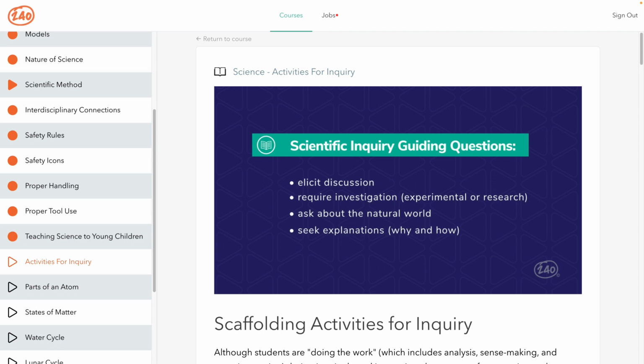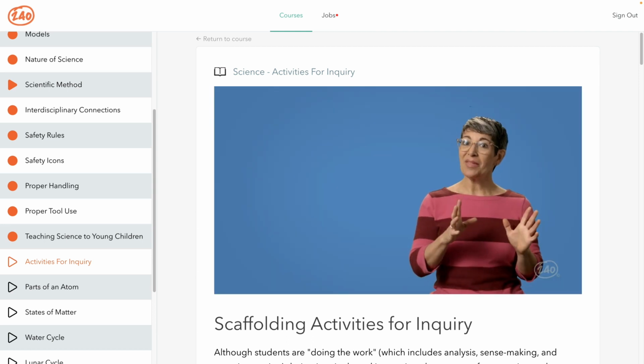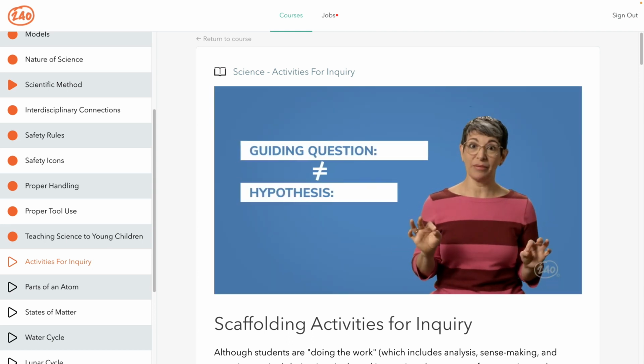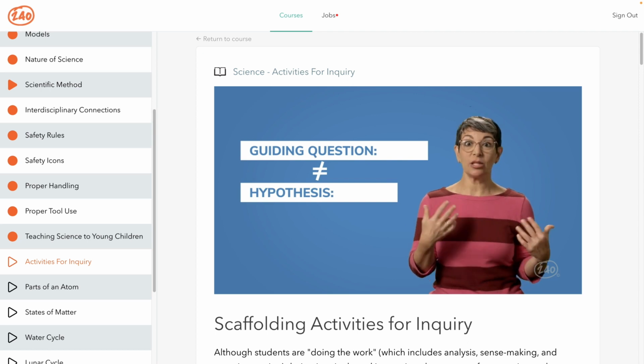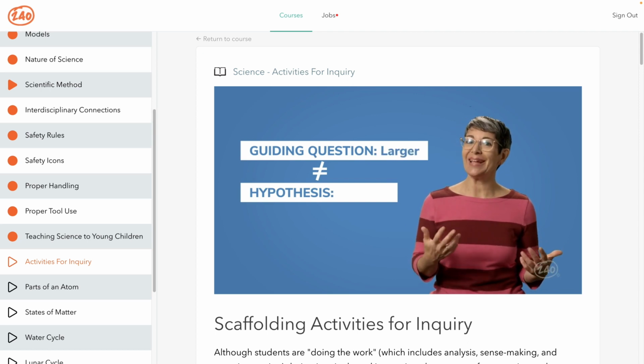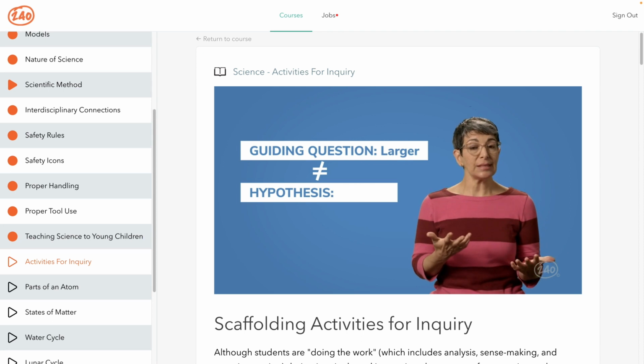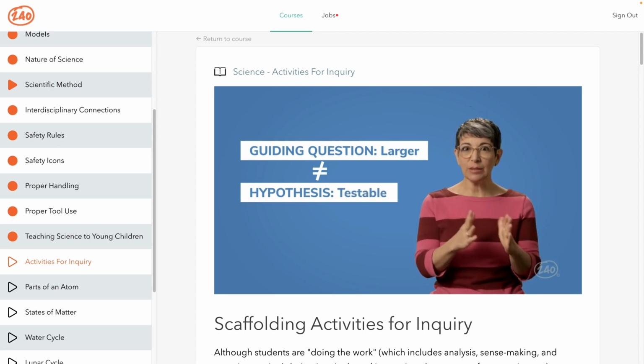Seek explanations, why and how, although the first stages of understanding might include recognizing patterns, and should stimulate thinking and foster good scientific inquiry practices. Remember that a guiding question is not a hypothesis. The guiding question is the larger question to ponder and answer. The hypothesis is more focused and has testable components.